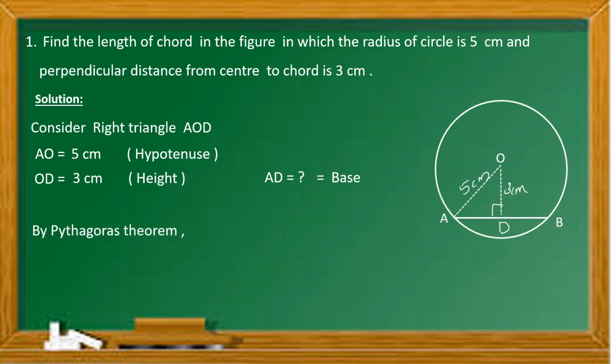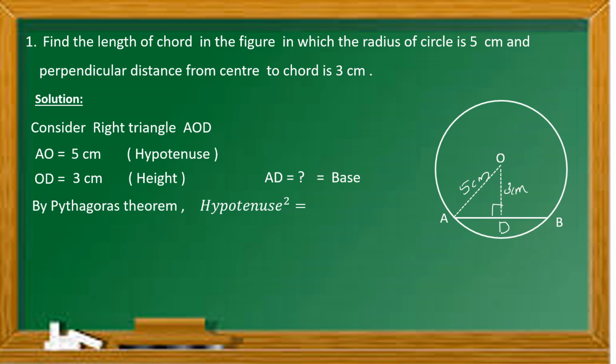Yes, by using Pythagoras theorem. And what is Pythagoras theorem? Hypotenuse square equal to base square plus height square. So, what will be the next step? Yes, 5 square equal to 3 square plus base square, isn't it? So, base square will be equal to, yes, 5 square minus 3 square.